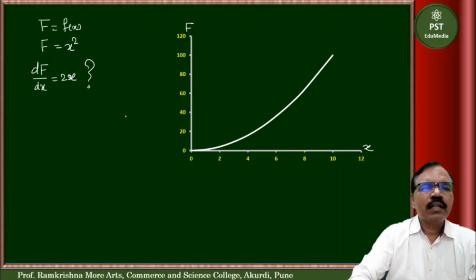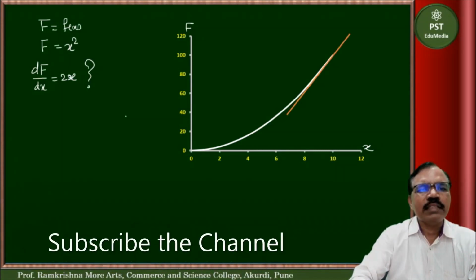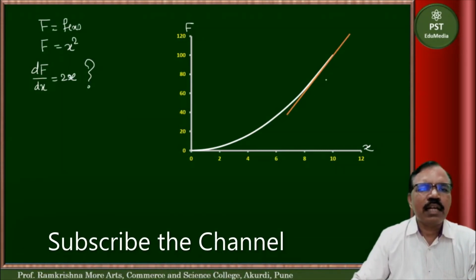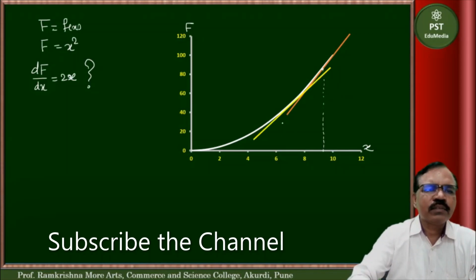And if we take a point on the curve and draw tangent at that point, means here I have taken point here, means corresponding value of x is this one, and find slope. So then take another point and draw slope.